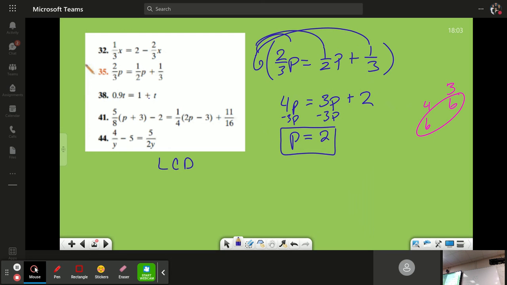On 38, that's a 0.9. 0.9 is 9, what? Okay, how many decimal spaces is it back? 1. So that's 1 zero.